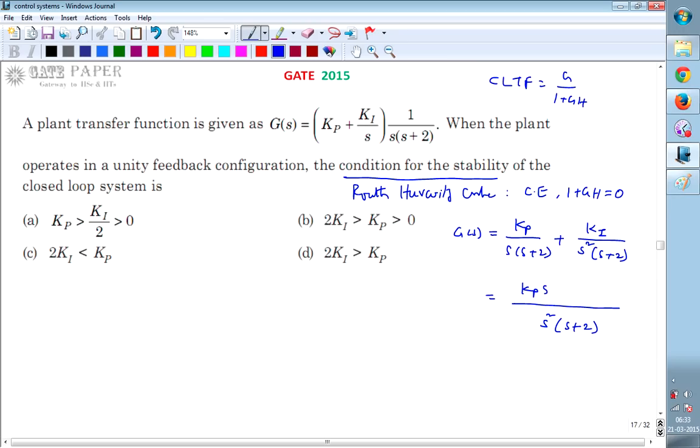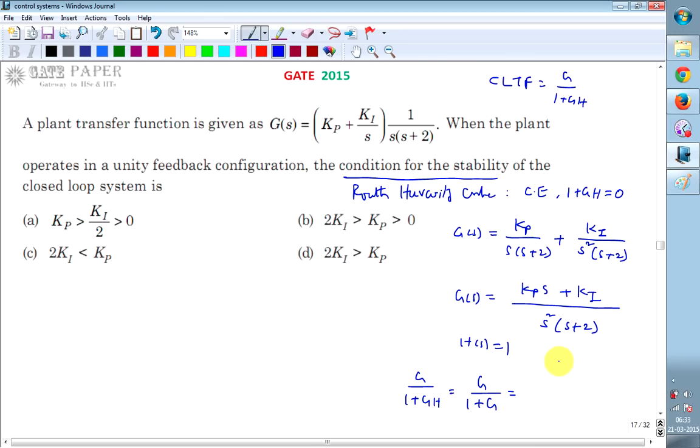This is the simplified open loop transfer function, and given unity feedback, H(s) is equal to 1. Now we will calculate G by 1 + GH. Since H is equal to 1, it is equal to G by 1 + G.